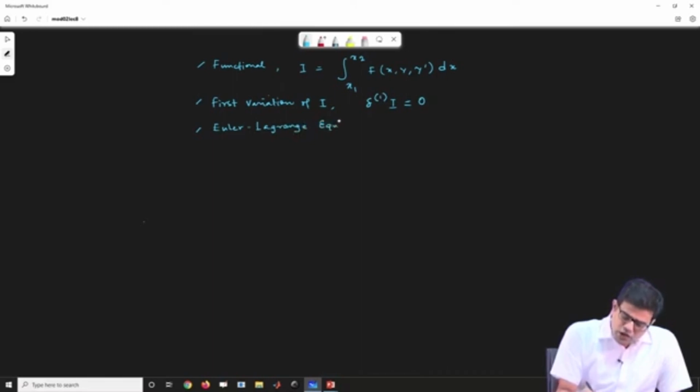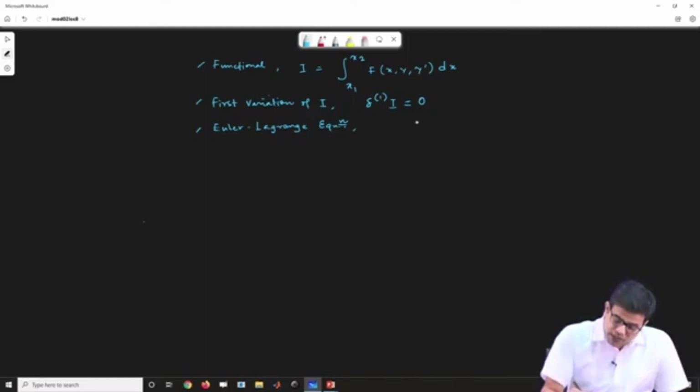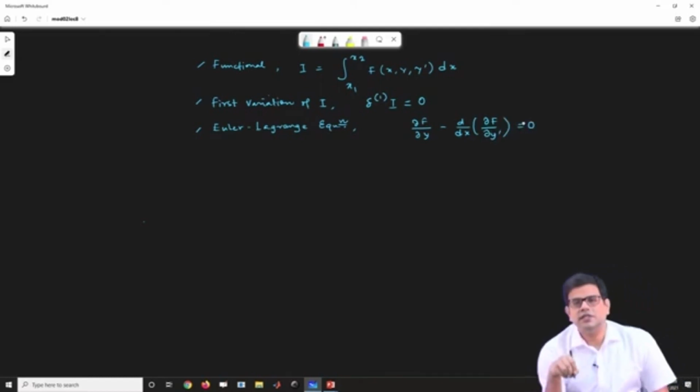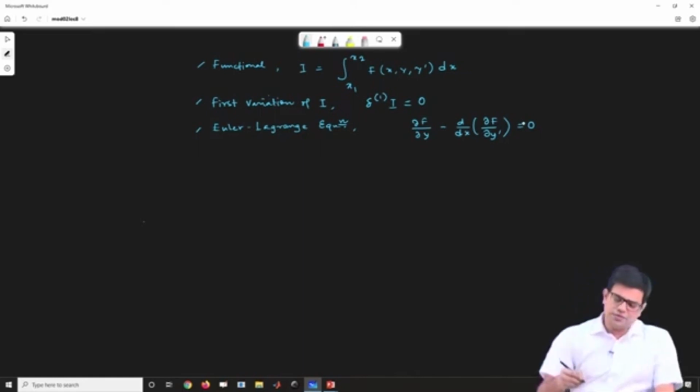For a functional involving the first order derivative, the Euler-Lagrange equation is dou f by dou y minus d dx of dou f by dou y prime equals 0. Its associated boundary conditions we have also studied.